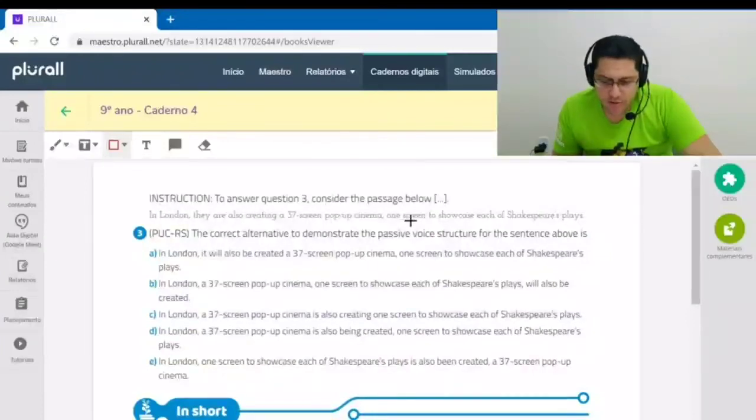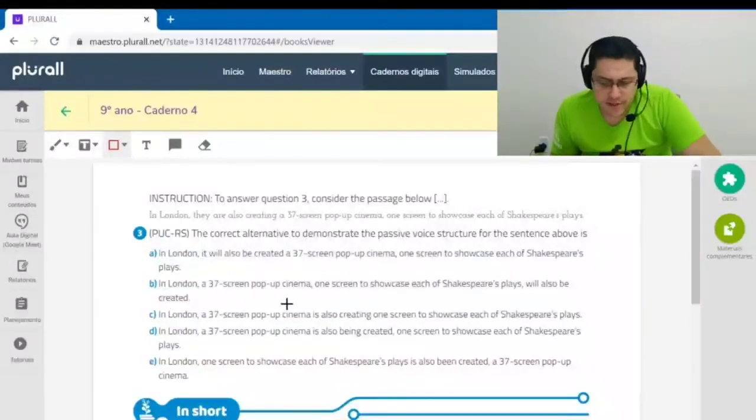To answer question 3, consider the passage below. In London, they are also creating a 37-screen pop-up cinema, one screen to showcase each of Shakespeare's plays. The correct alternative to demonstrate the passive voice structure for the sentence above is: In London, it will also be created a 37-screen pop-up cinema, one screen to showcase each of Shakespeare's plays.